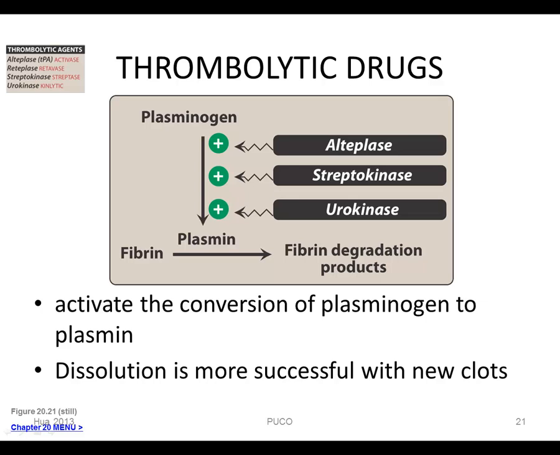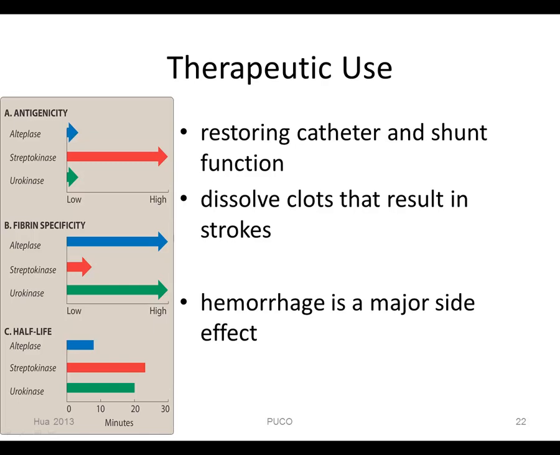Alteplase acts more locally on the thrombotic fibrin to produce fibrinolysis. Urokinase is produced naturally in human kidneys and directly converts plasminogen into active plasmin. Originally used for treatment of deep vein thrombosis and serious pulmonary embolism, thrombolytic drugs are now being used less frequently for these conditions.